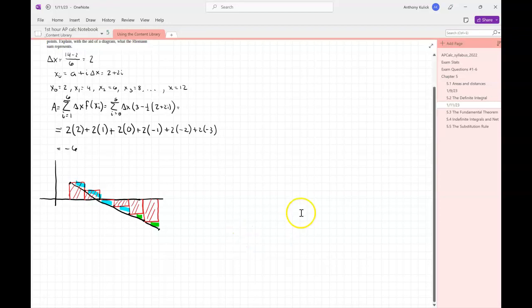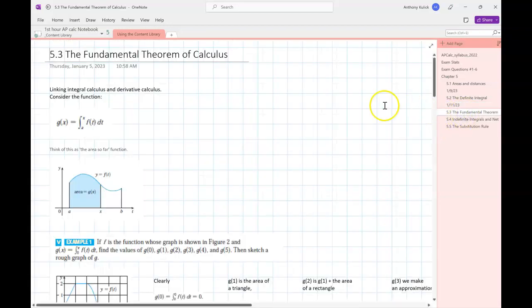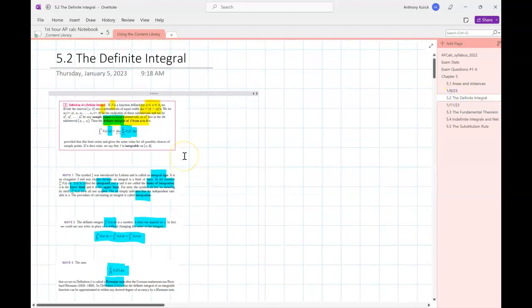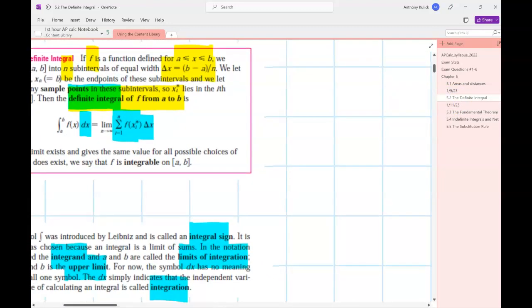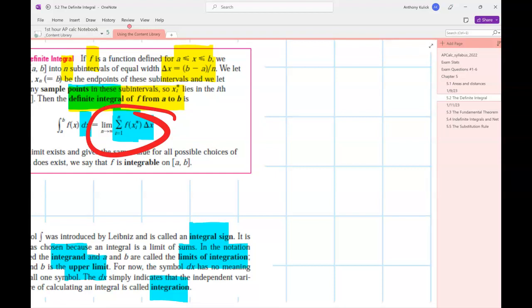Next time's going to be the big day. Fundamental theorem of calculus, which is a beautiful, beautiful thing, because what it's going to do is we're going to replace this with the antiderivative, which when we did those last semester were massively easier to calculate than trying to evaluate the limit of these sums, right?